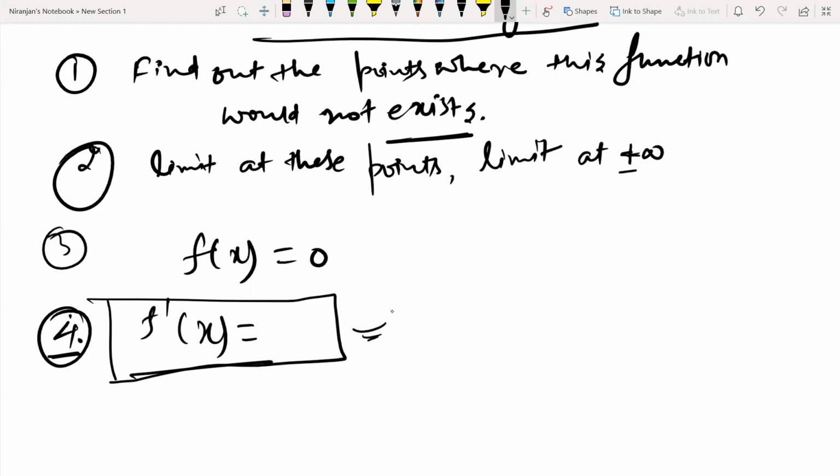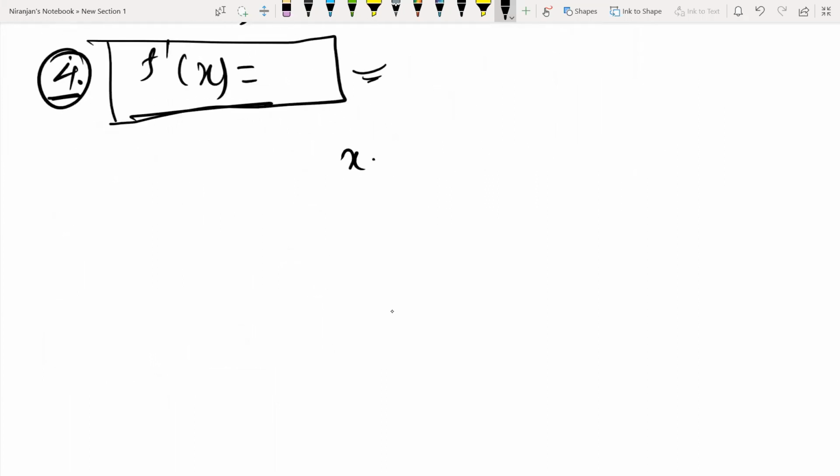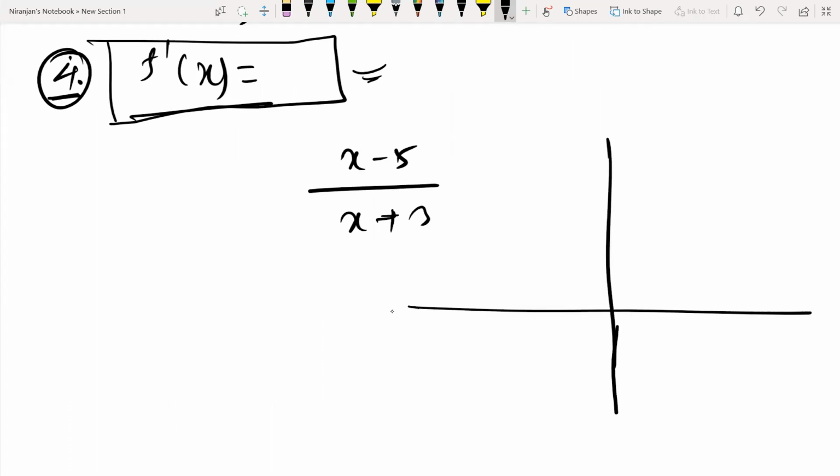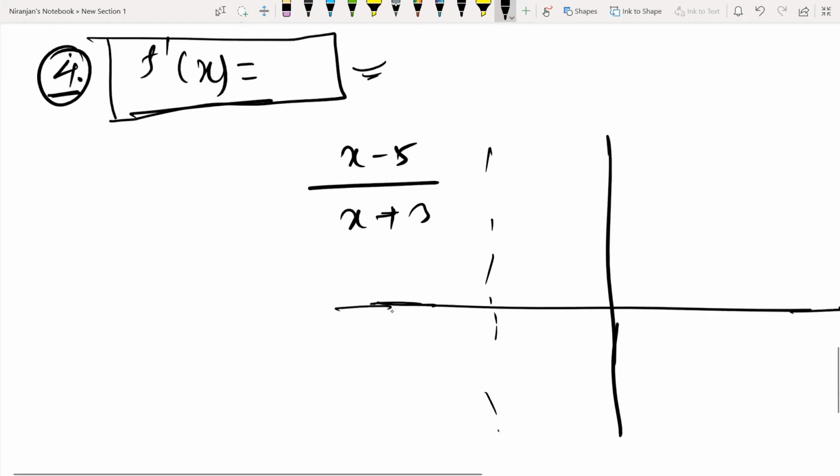And how are you going to do that? Let's take an example. If I give you the function x minus 5 upon x plus 3, what do you think the graph would be? Come on, guys.